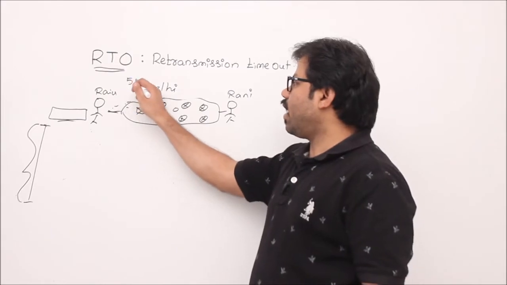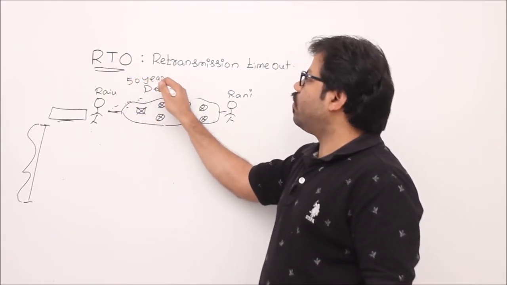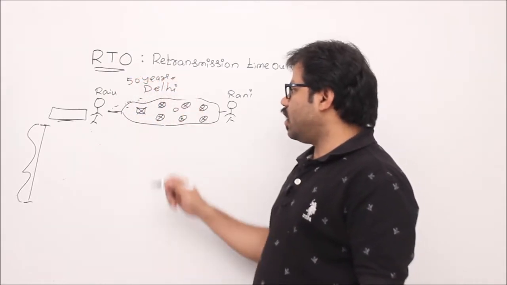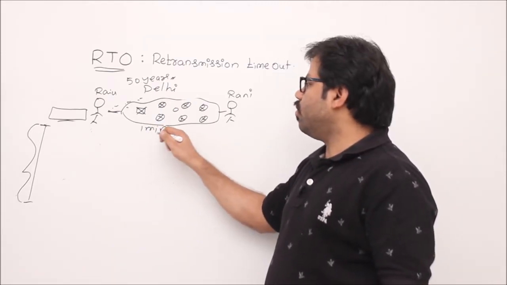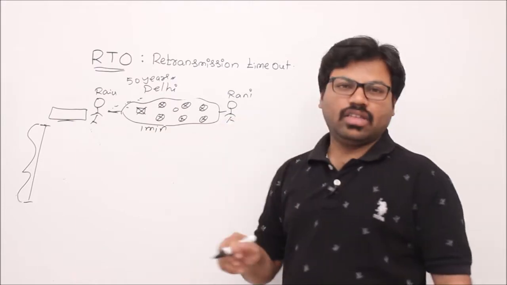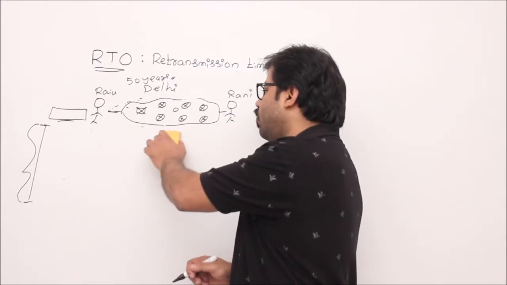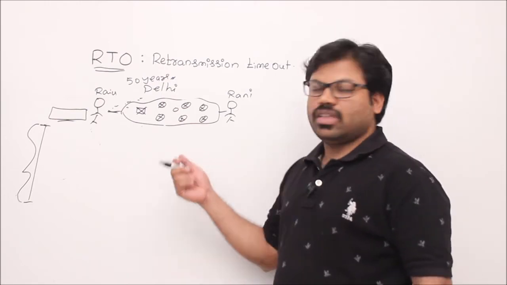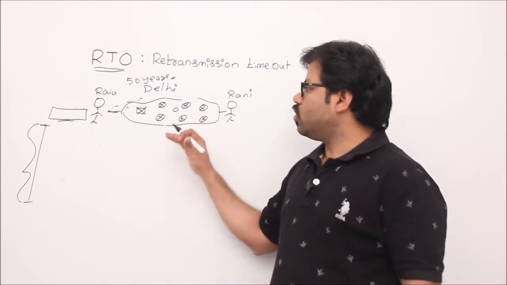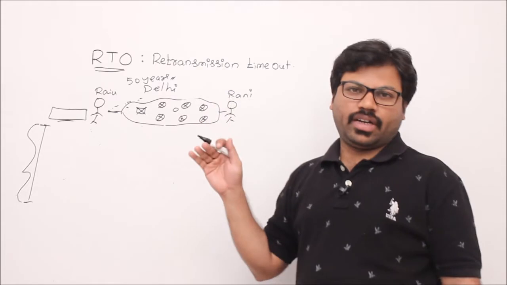50 years back, actually there was no traffic. Within 1 minute we could have reached Rani. That's why you remember that old data, only 1 minute. That means it is not the best data, it is very old data.